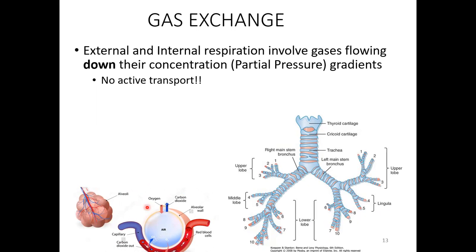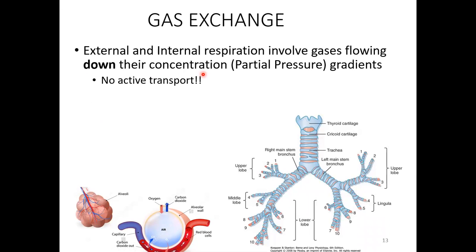Here, we of course are going to be talking about gas exchange over the respiratory membrane. So here's an alveolus, here is the blood flowing through the capillary around it. And so each individual gas is going to move down its concentration gradient or its partial pressure gradient.